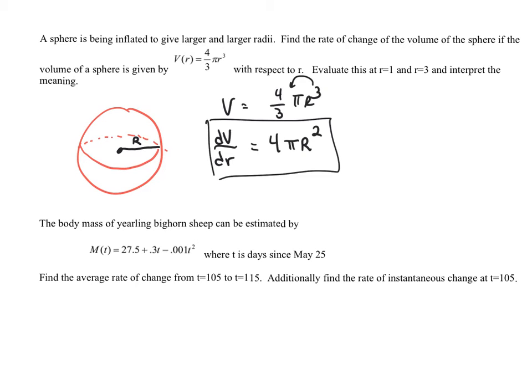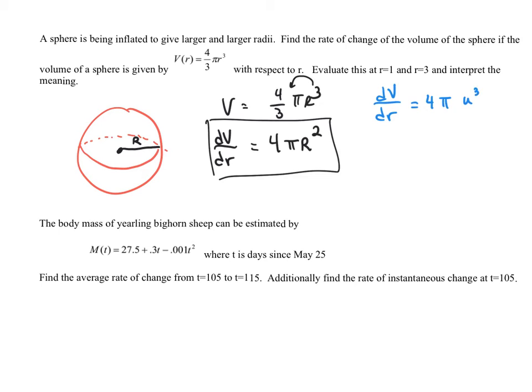So if we think about this at r equals 1, dV/dr would just be 4 pi. So the volume is increasing by 4 pi units when the radius increases at 1. So as your radius is increasing and your volume increases, when the radius is 1, it's increasing 4 pi.